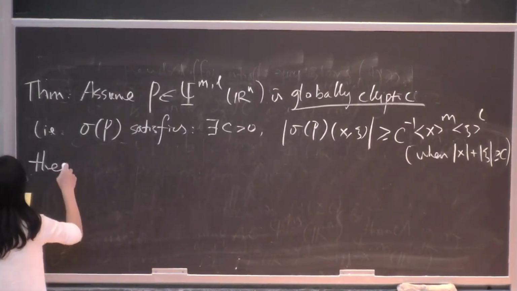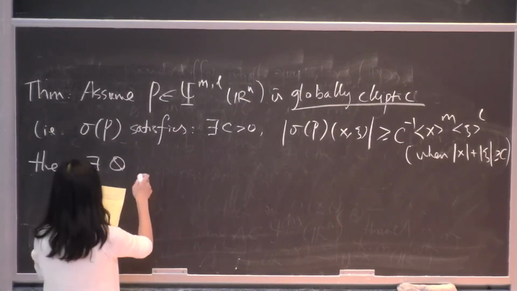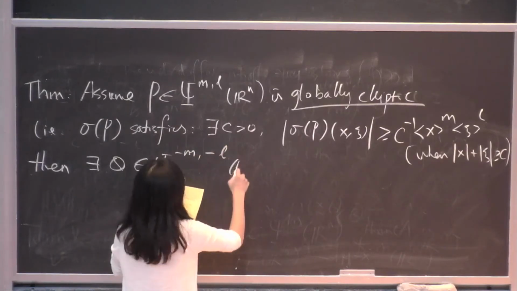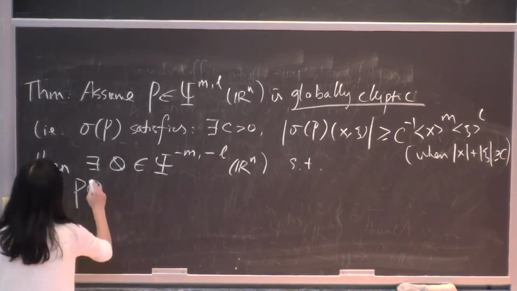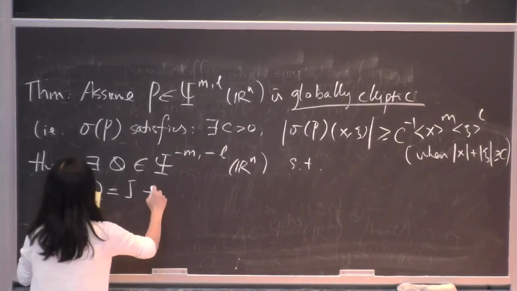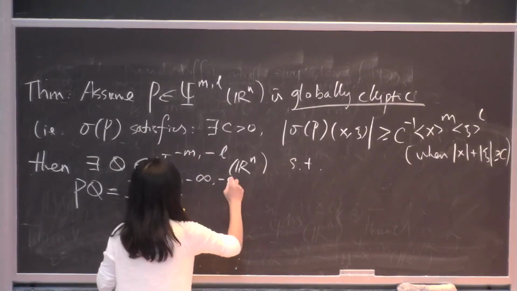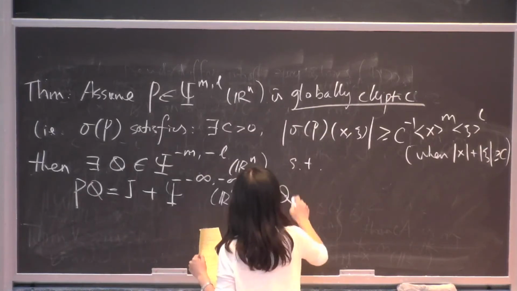Then, if this is globally elliptic, there exists a parametrix Q in Psi^{-m,-l}(R^n) such that PQ is the identity plus a remainder term in this residual class, Psi^{-infinity}, and the same for QP.